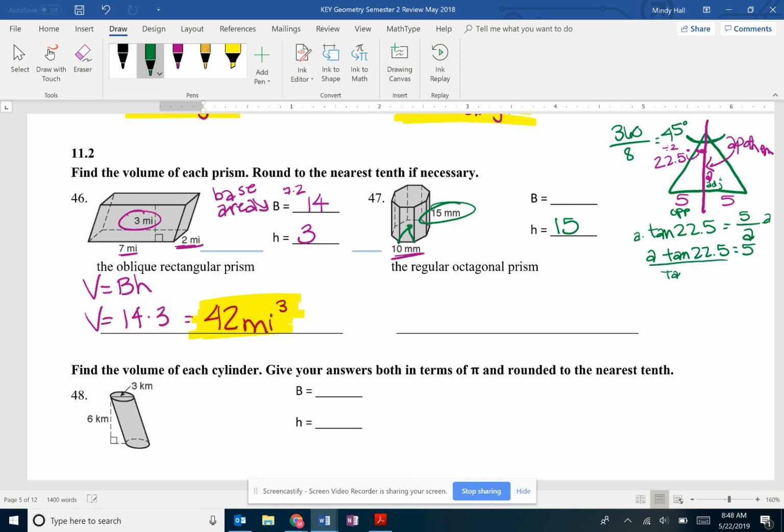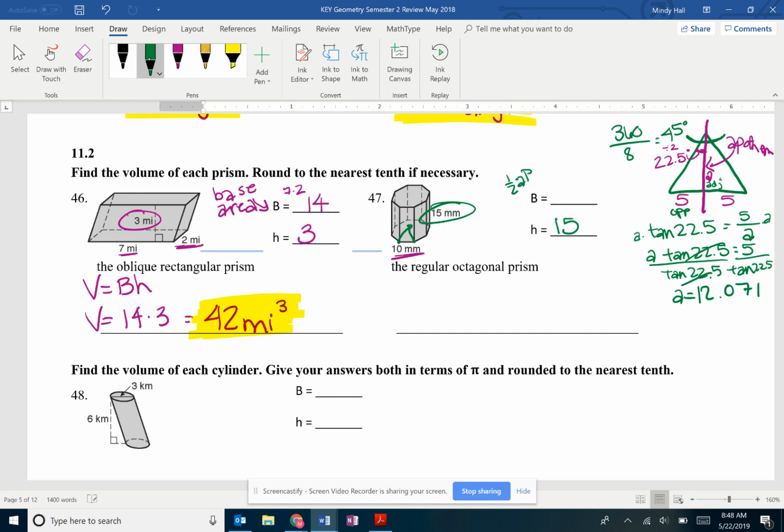And then we divide by tangent of 22.5 to both sides. And then when you do 5 divided by tangent of 22.5, you get approximately 12.071.